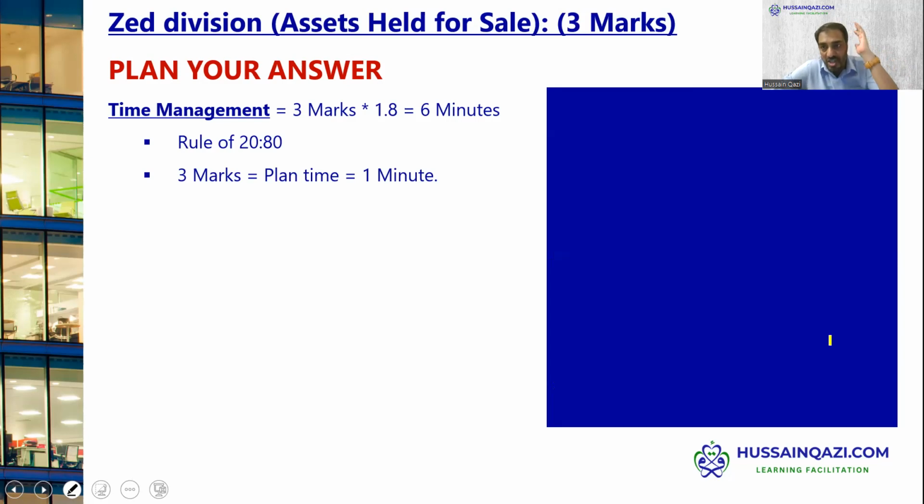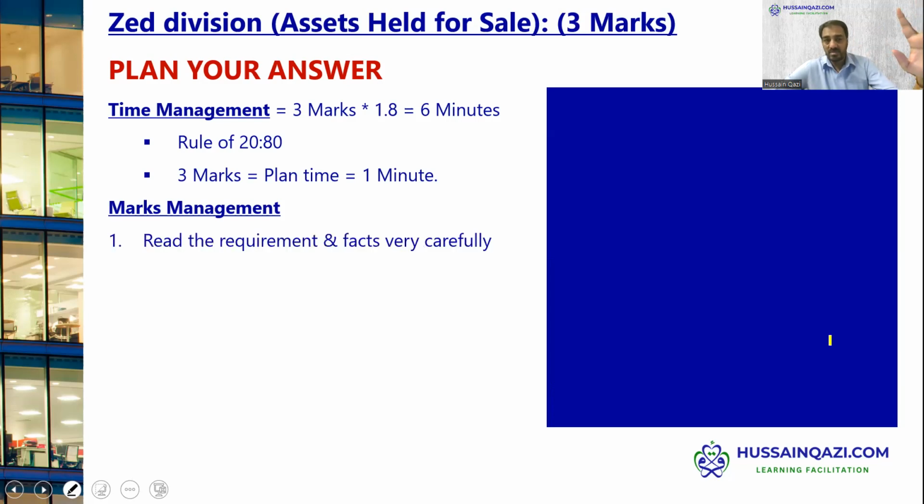And number 3, just before entering into the war, first brainstorm what you will write. So first, marks management. Make sure that you have read the requirement very carefully. We have done it.